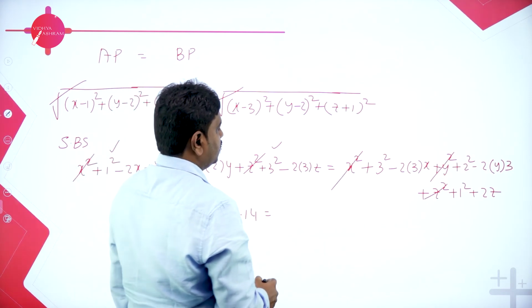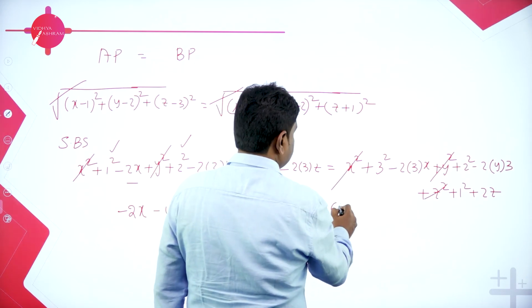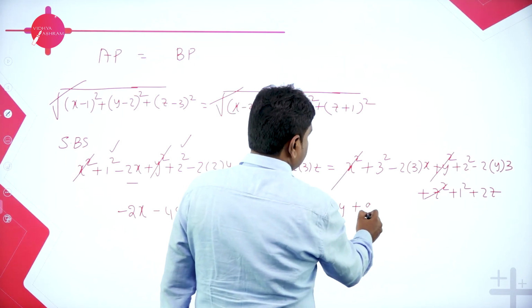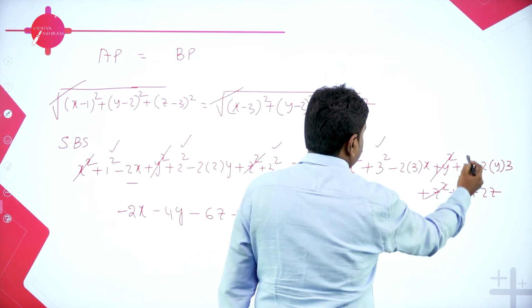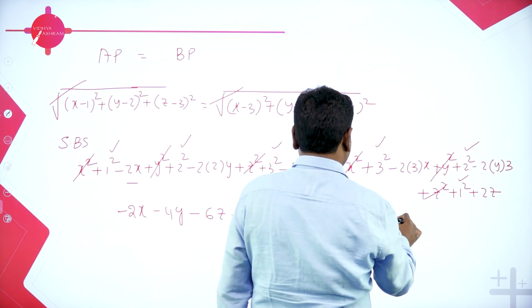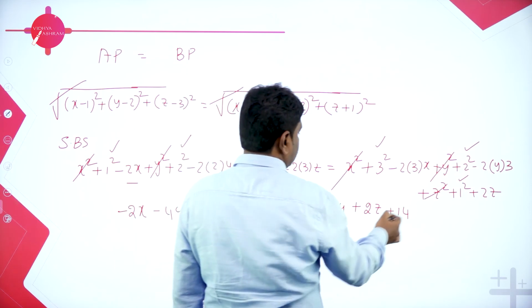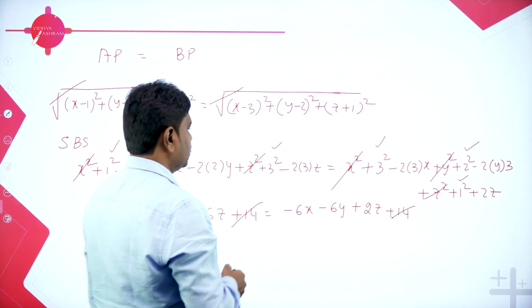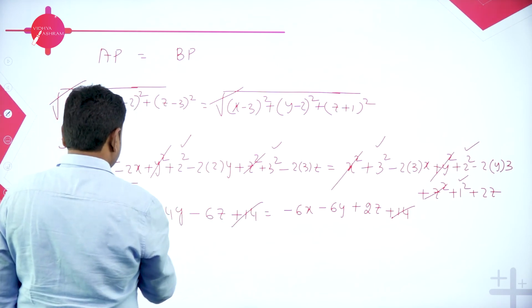Similarly, on the other side we have minus 6x minus 4y plus 2z, then 9 plus 1 is 10, 10 plus 4 is 14. 14 cancels on both the sides. Whatever is left, simplify. Group, bring x terms to this side.